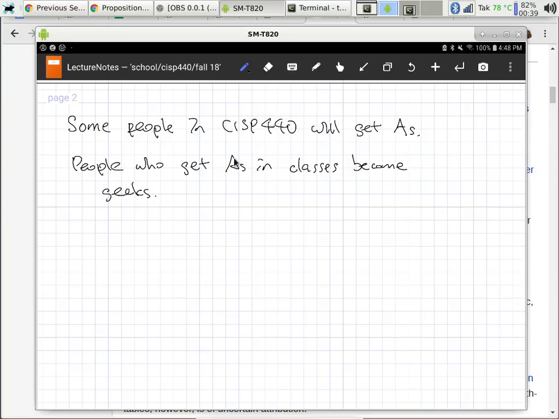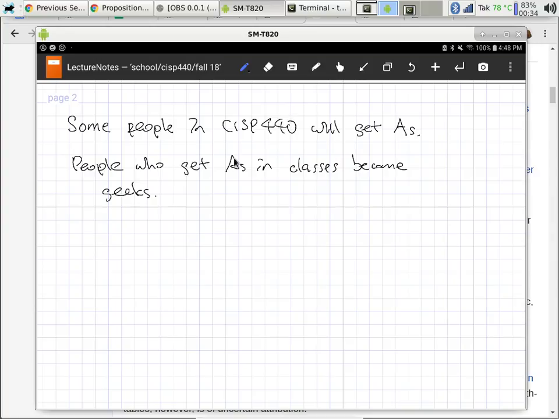What is the implied quantifier here? Is it the universal quantifier, which is for all, which also is known as every in English, or is it the existential quantifier, which in mathematics is known as there exists, but in English is known as some? It is existential, which means at least one person in CISP 440 will get an A.